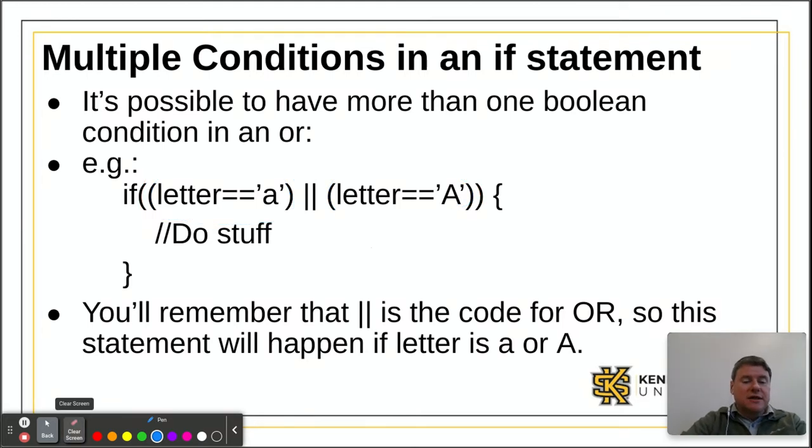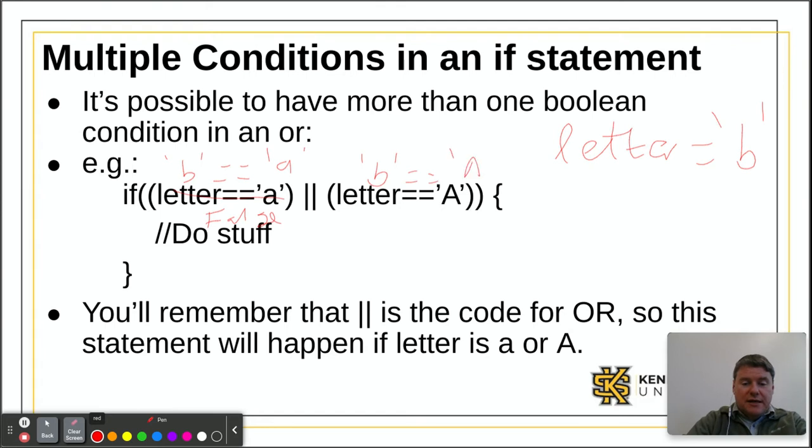So to be clear, let's assume that we have a read statement up above this, and letter is equal to b. All right, so let's walk through how this is going to work. What it's checking is b equal to a? And obviously that is false. So this gets replaced with false. Then it checks if b is equal to capital A. And again, that's going to be false.